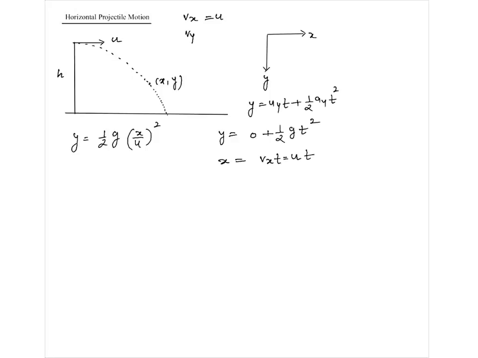I would be interested in range. When y becomes h, then x becomes r.